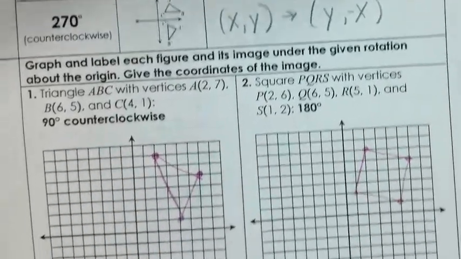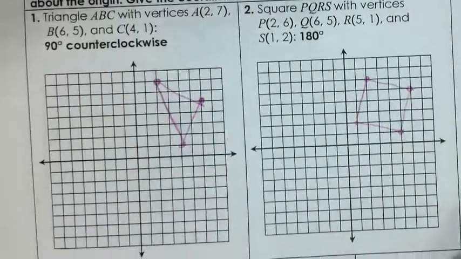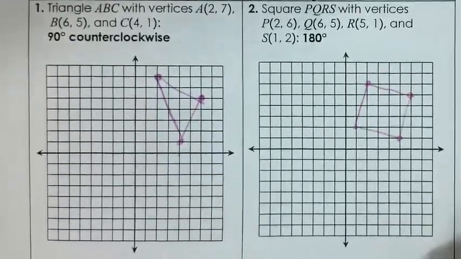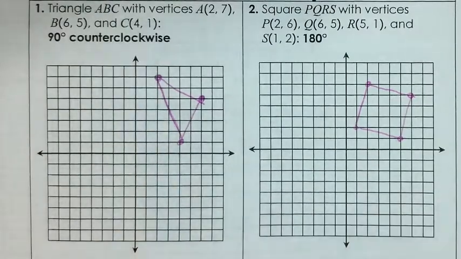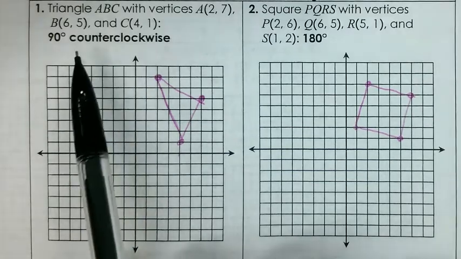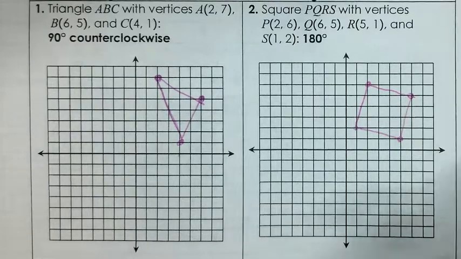So let's look at some examples. I have already graphed my original triangle ABC. If you want to pause the video and graph the triangle, that would be great. All right, now that you have your triangle graphed, we are going to rotate it 90 degrees.